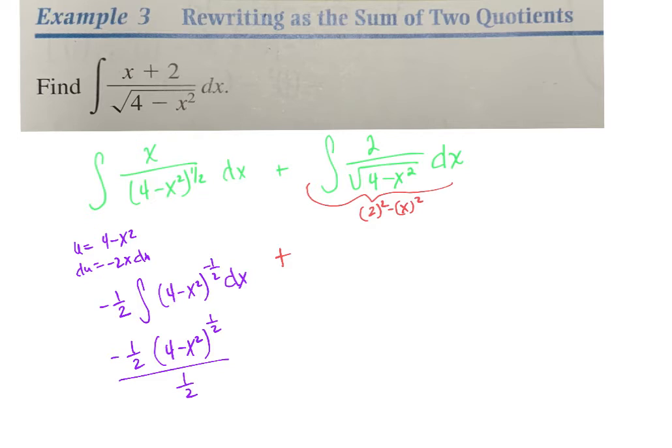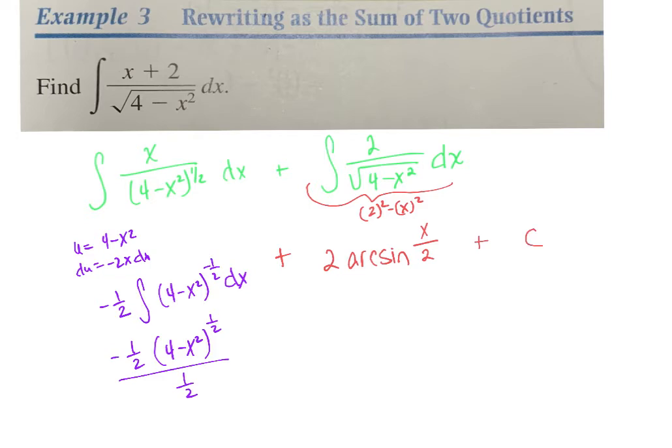So this is a perfect arcsine, right? I have a 2 that's being multiplied by it, so I'm going to have a 2 that comes out, right? But then it's just an arcsine. Arcsine of my function, which is x, over my a, which is just 2, right? And then, of course, we have our plus c added to the end here.